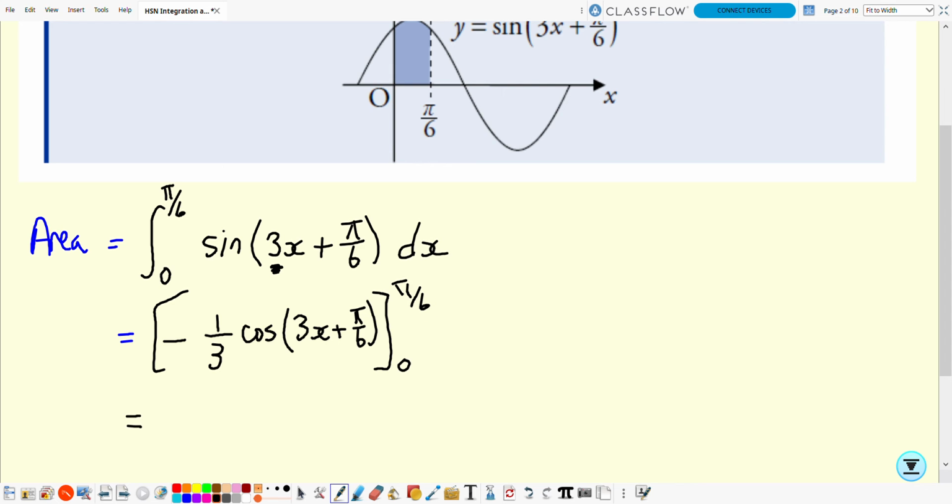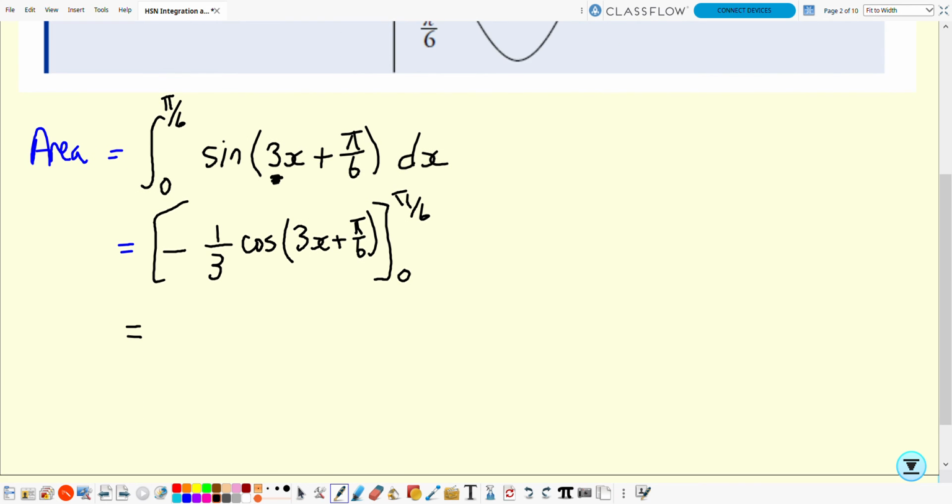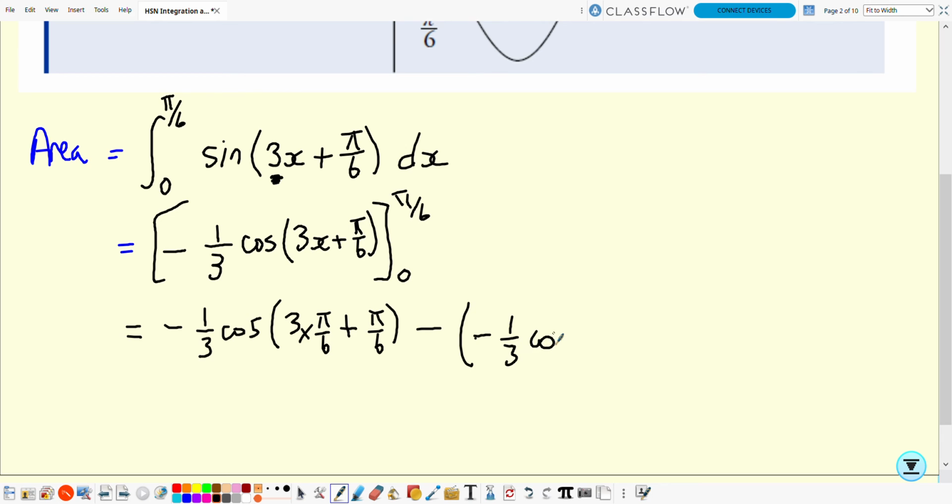So when you sub into this, you would have upper limit negative 1/3 cos, and you're doing 3 times your pi over 6 plus the pi over 6 that's also there, and then you are doing minus 1/3 of the cos of 3 times 0 plus the pi over 6.